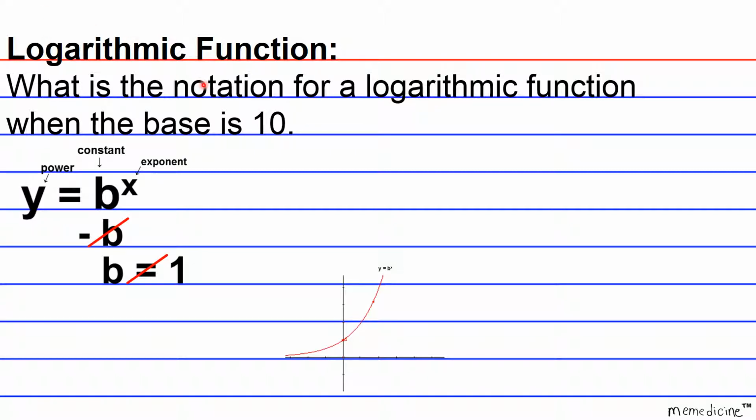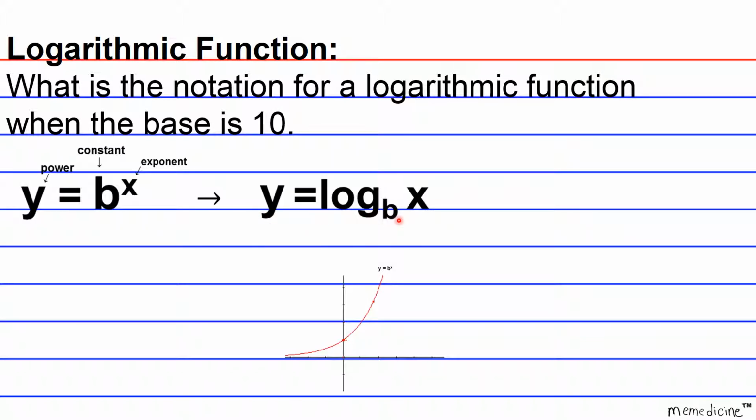A logarithmic function is the inverse of the corresponding exponential function with the same base, okay? So this means basically that y is equivalent to the log base b of x.